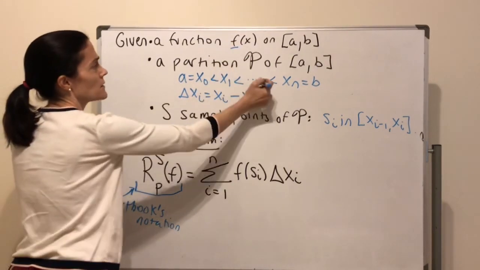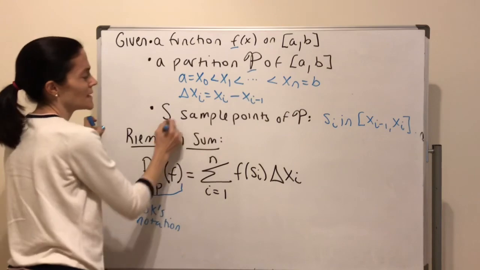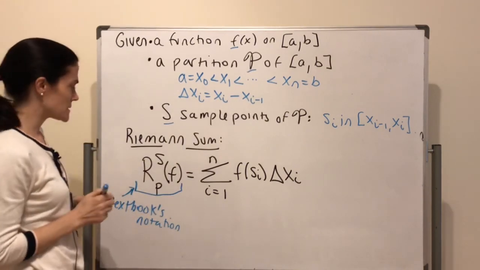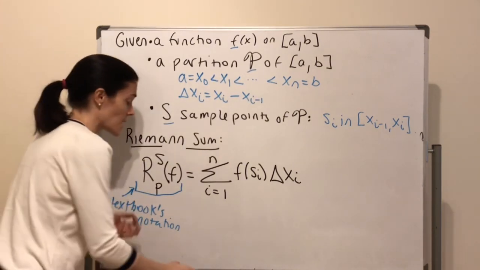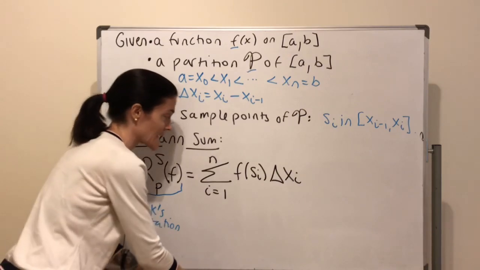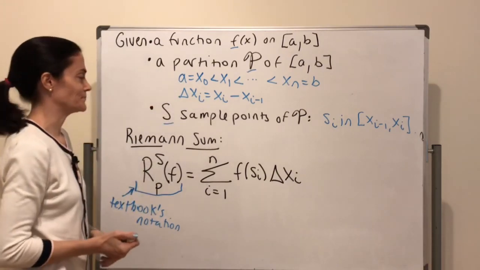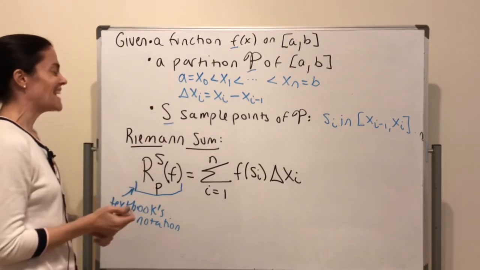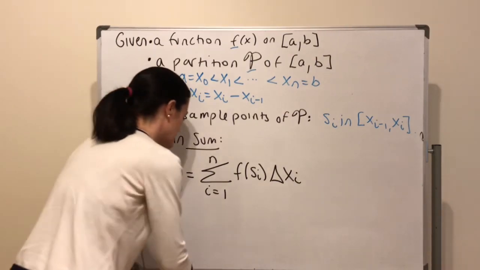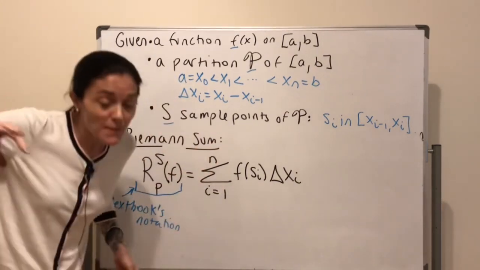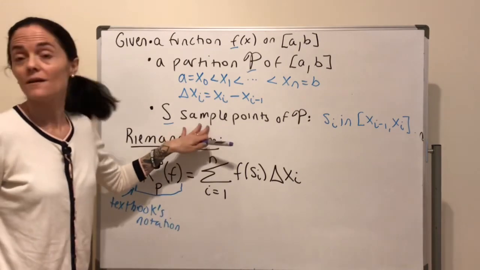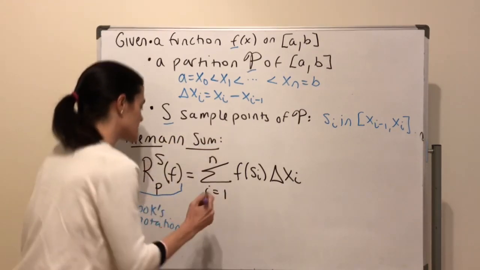We need a function, we need a partition, and we need some sample points. Now, there are some special named Riemann sums, and what are these? So the special named ones have to do with what are the sample points.